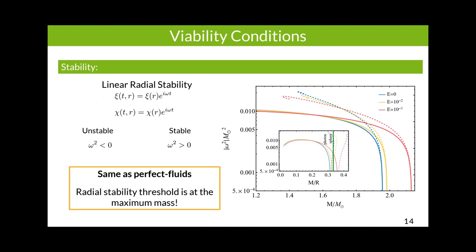This is basically the radial displacement of your star, and this is another quantity that is related to the radial pressure. You basically get an eigenvalue problem for this frequency. When you get a mode with frequency squared smaller than 0, you have an unstable mode, and when it's larger than 0, you get a stable configuration.